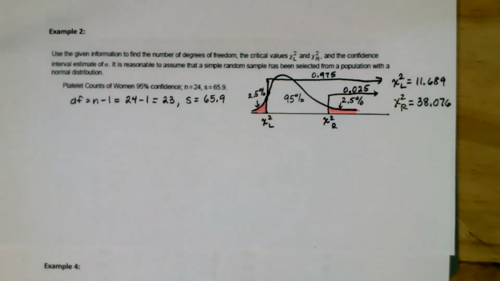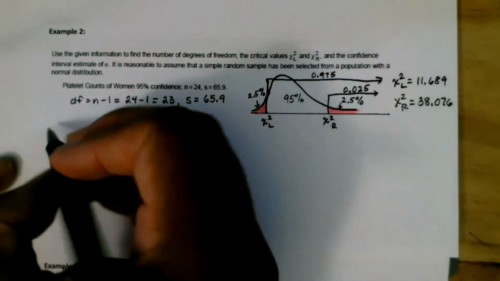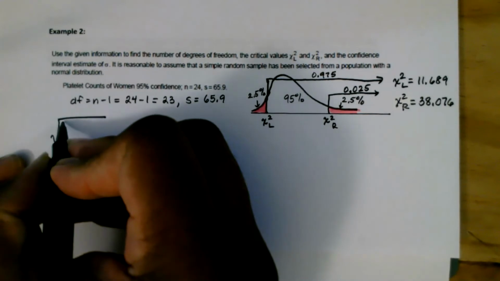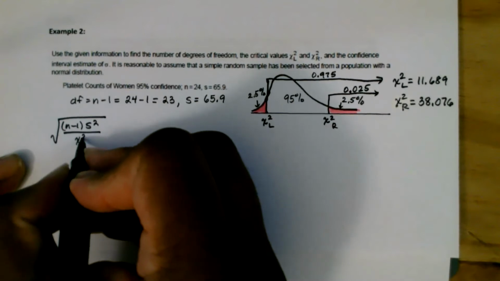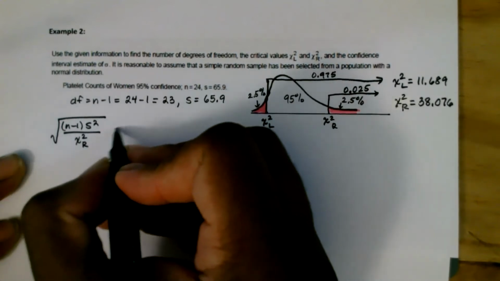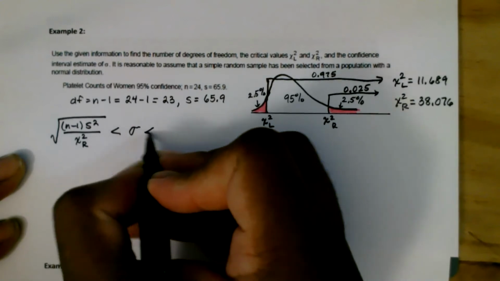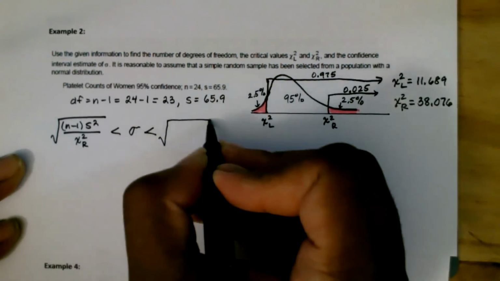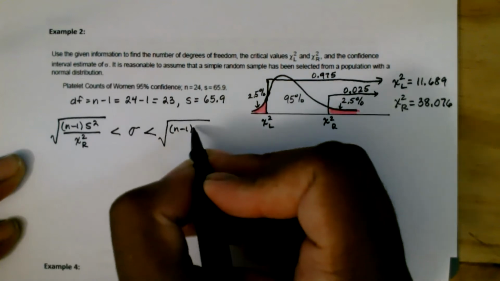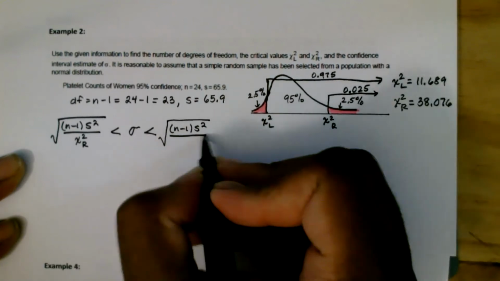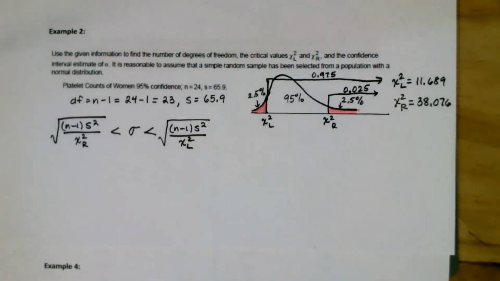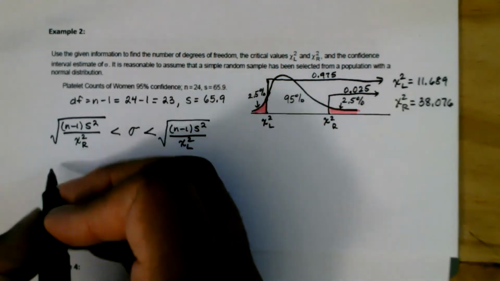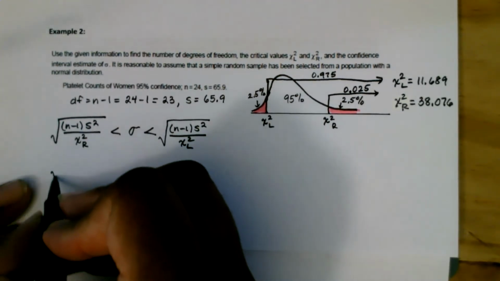Now that I have that information, I can go ahead and construct my confidence interval estimate. So this will be the square root of n minus 1 times S squared over the chi-squared critical value on the right, less than sigma, less than the square root of n minus 1 times S squared divided by the chi-squared critical value on the left. All right, so let's do some substitution. Our n was 24.